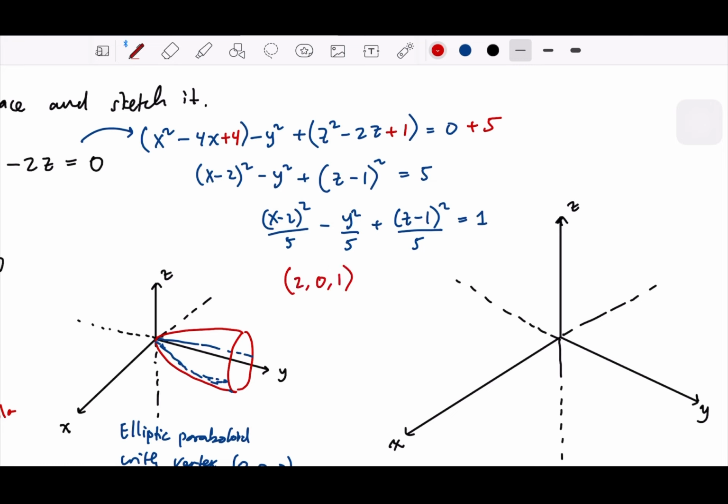So we'll have the center or the vertex moving from 0, 0, 0 to 0, 1, 0. And then we can sketch the graph.